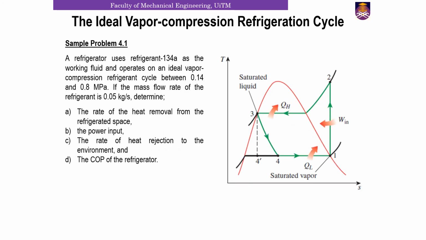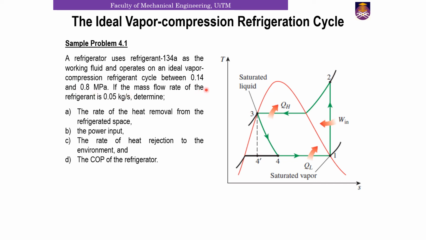Now let's look at our problem here. We have a problem based on the ideal vapor compression refrigeration cycle. A refrigerator uses refrigerant 134a as the working fluid and operates on an ideal vapor compression refrigeration cycle between two pressure limits, which are 0.14 megapascal and 0.8 megapascal.